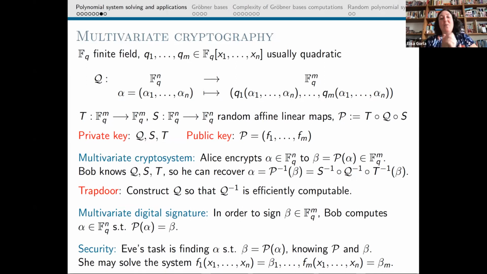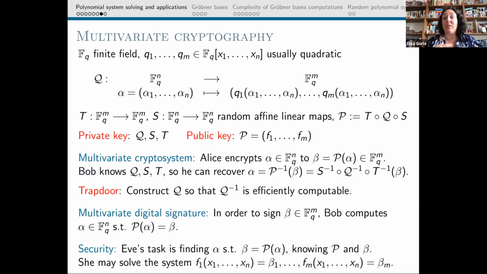Okay, so anyway, I know it's a lot of information. I just wanted to give the flavor of how polynomial systems come about. The important information here is that there is a polynomial system, and usually polynomial systems are hard to solve. In this case, there is also a trick that allows Bob, the intended receiver, to easily solve the system.